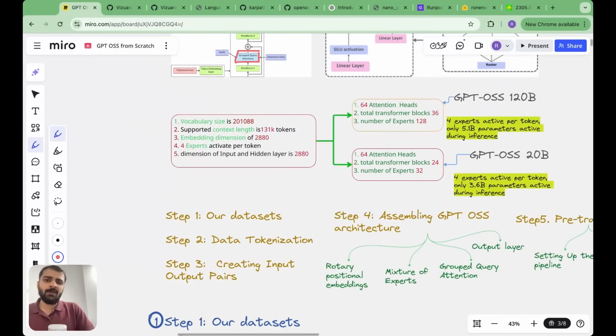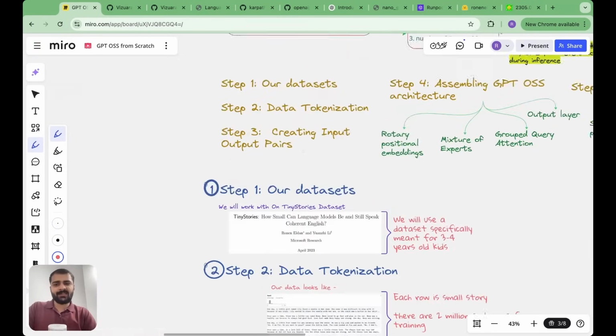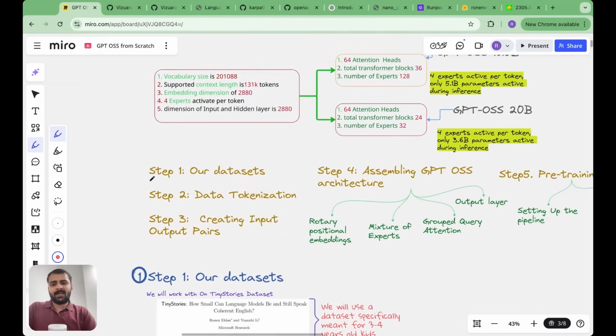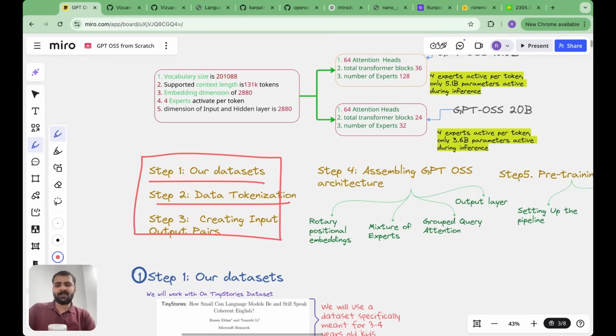The way we are going to divide this lecture is going to be in 6 steps. We'll start with the data set, we'll start with tokenization and creating input output pairs. So, all these 3 steps come under the data pre-processing block.